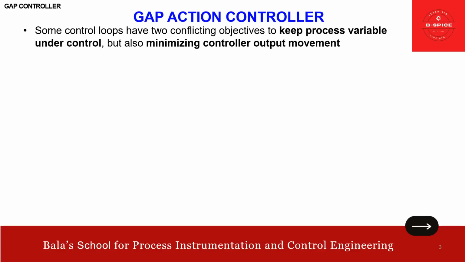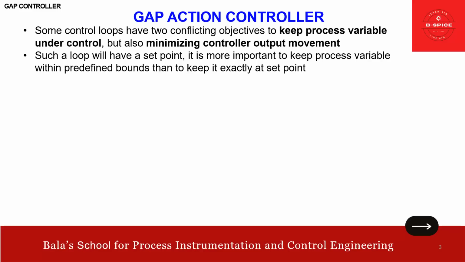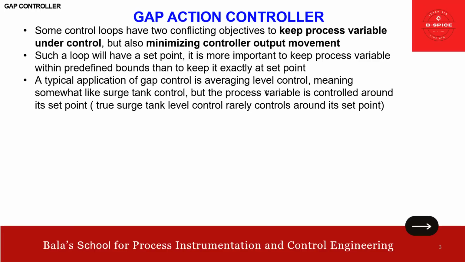As simple as that. Such a loop will have a set point, but it is more important to keep the process variable within predefined bounds than to keep it exactly at the set point.